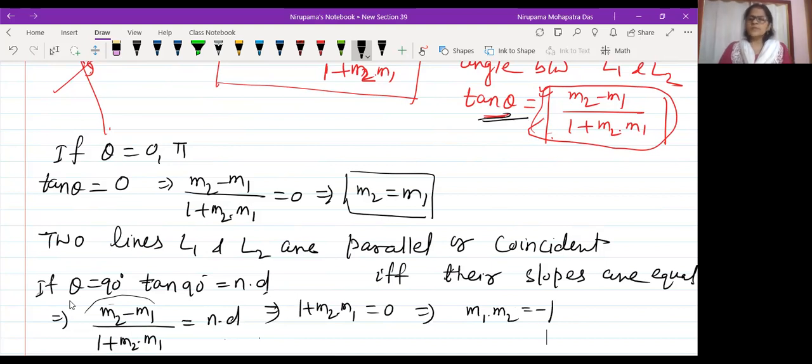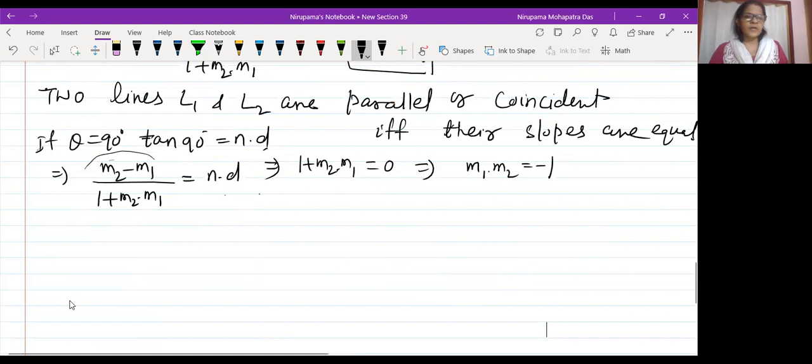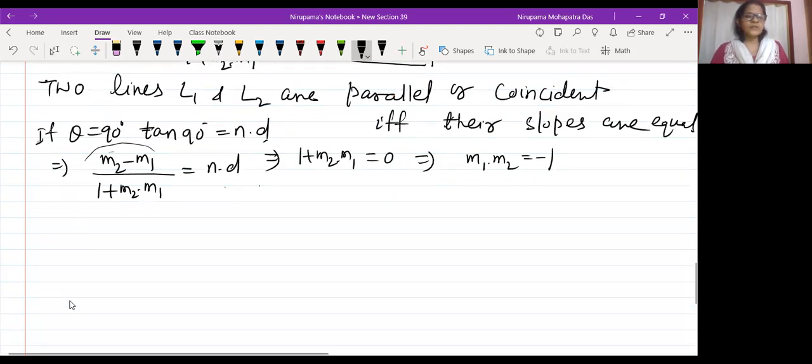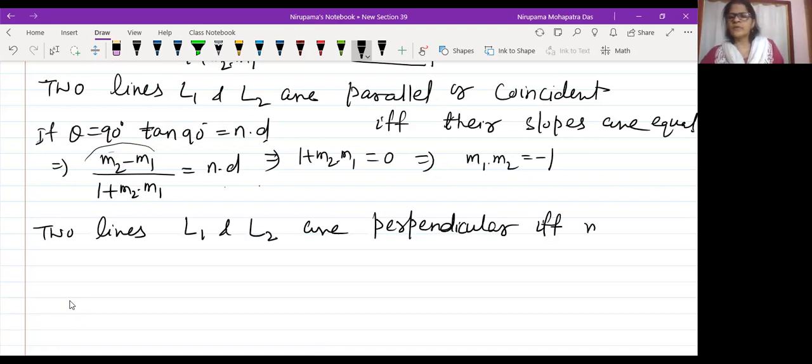That means what is the conclusion here then? We can conclude here two lines L1 and L2 are perpendicular if and only if the product of their slopes equals -1.